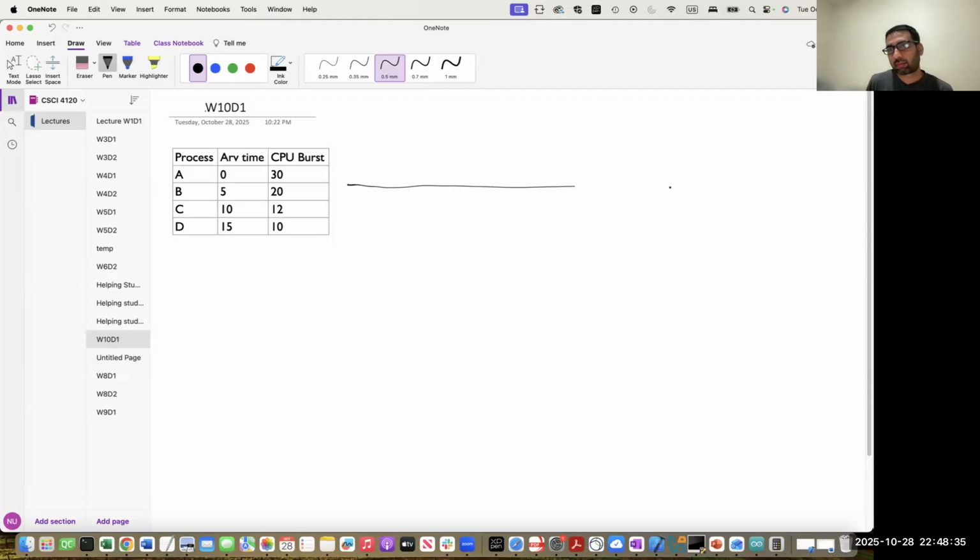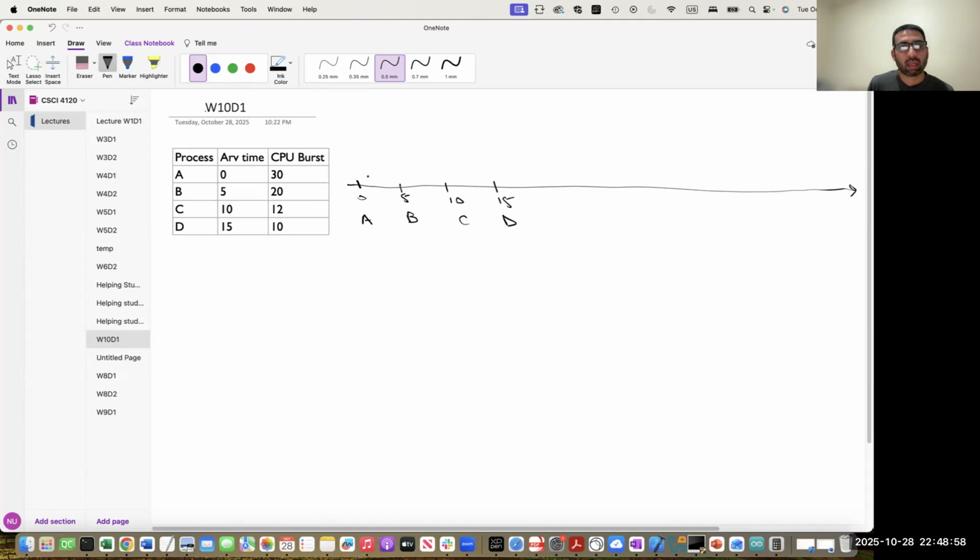This is my timeline, and here I'm drawing 0, 5, 10, 15. These are arrival times: A arrives at 0, B arrives at 5, C arrives at 10, and D arrives at 15.